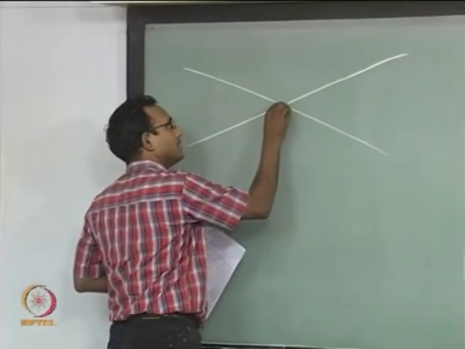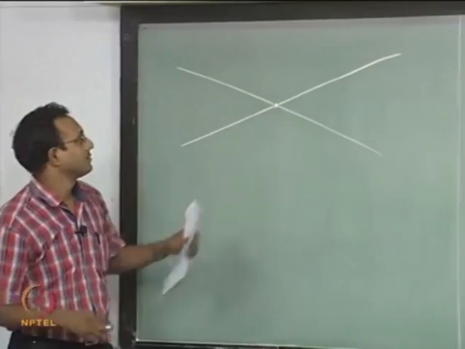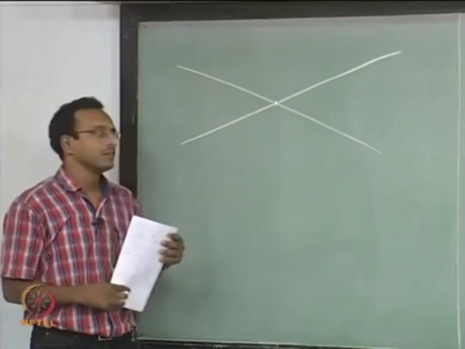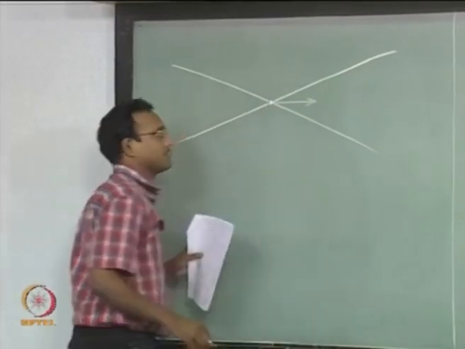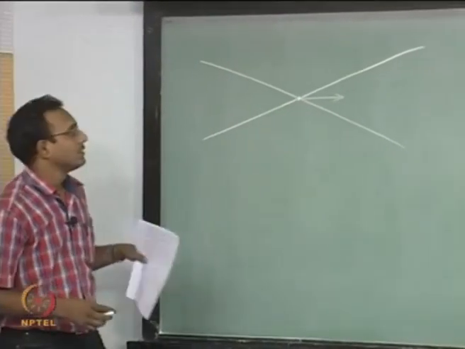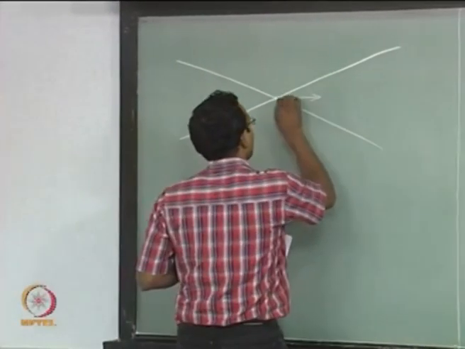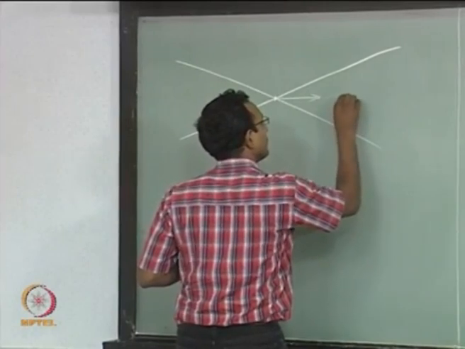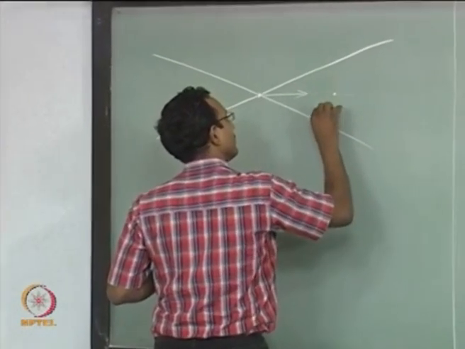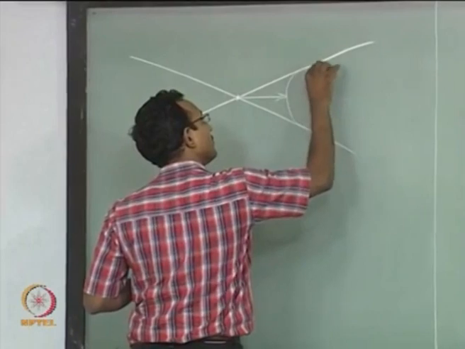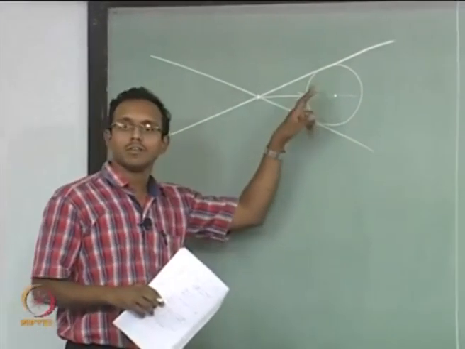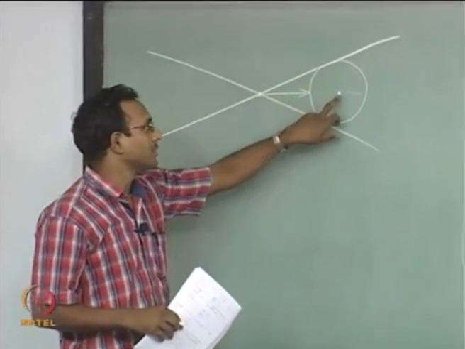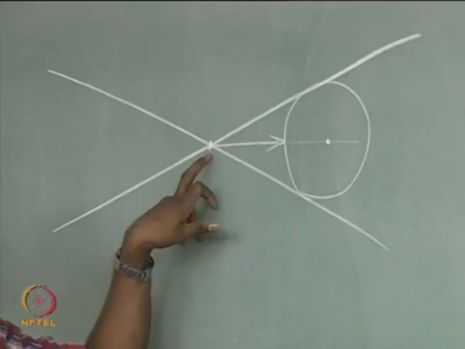I am considering some particular point here currently, and the flow through the point has a velocity vector in this direction, and we already saw that there was some circle which was the wave that was generated by this particular point when it was here.